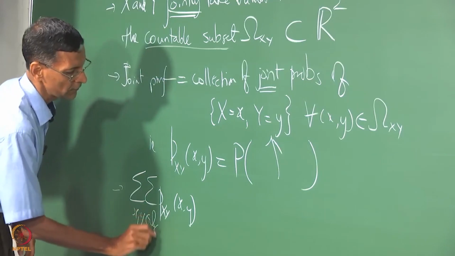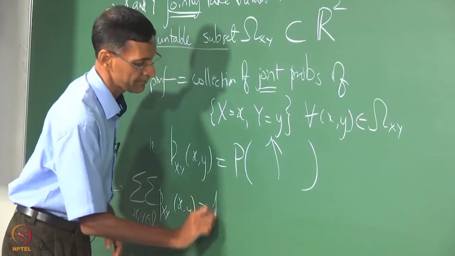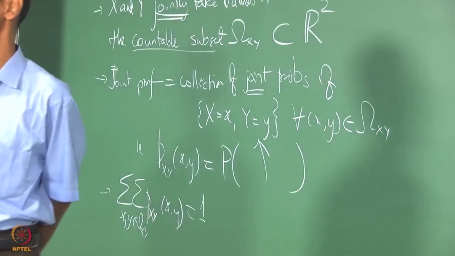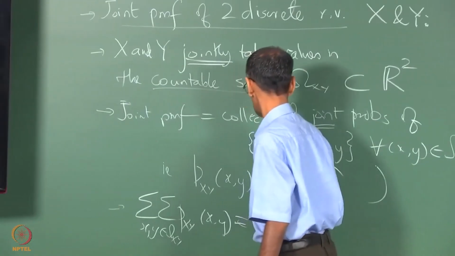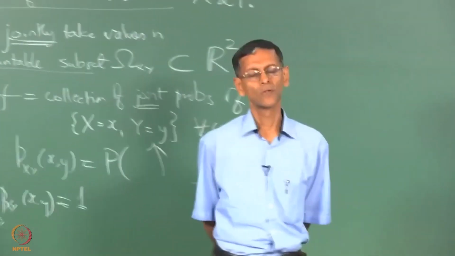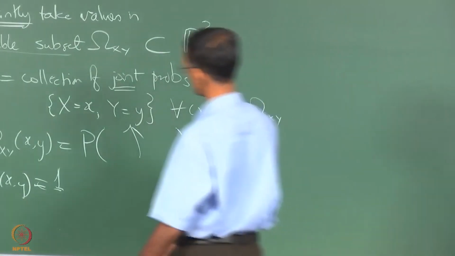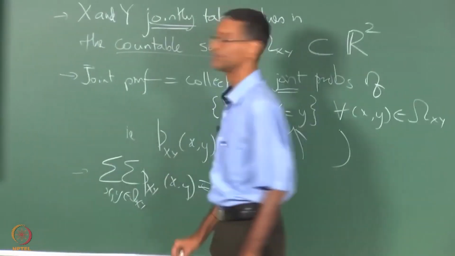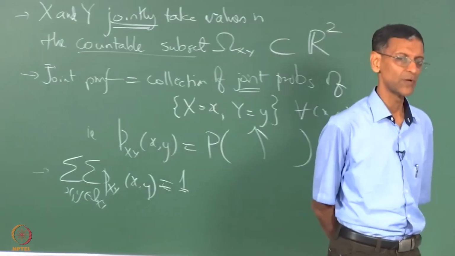If you add all these probabilities, you must get 1. That is the key idea, that you have not left anything out. No possibility with finite probability must be left out in the specification of the joint PMF. Obviously each of these probabilities must be between 0 and 1 also.